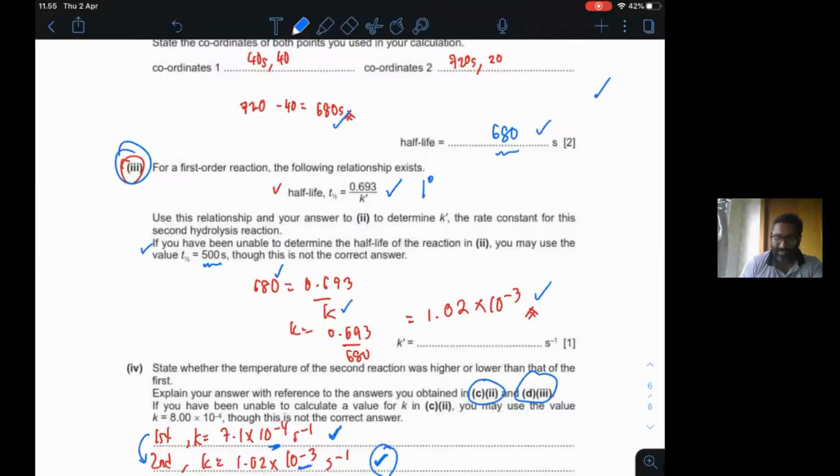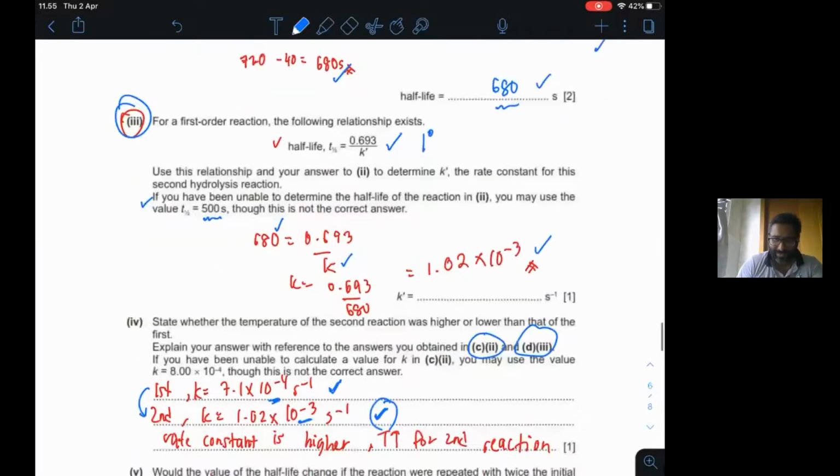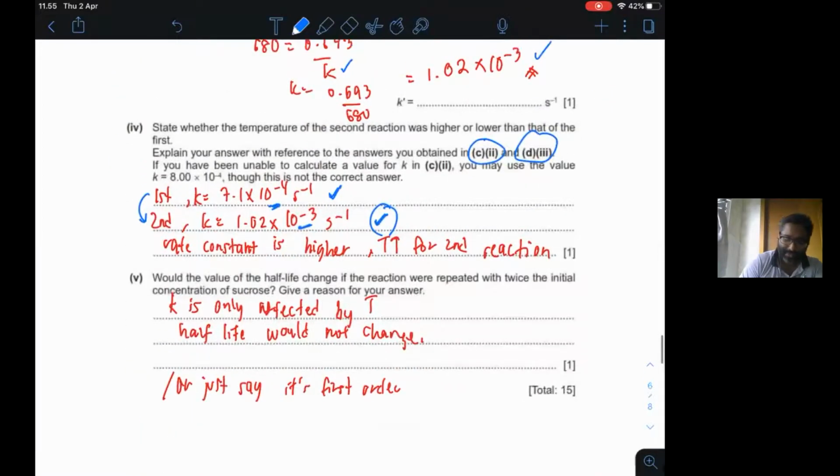So now, if you have a larger K, do remember the rate constant is only affected by temperature. So here, the rate constant is going to be higher. So we can say that the second reaction, the temperature is higher because the rate constant is higher.